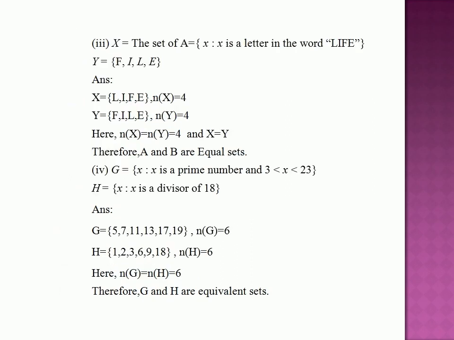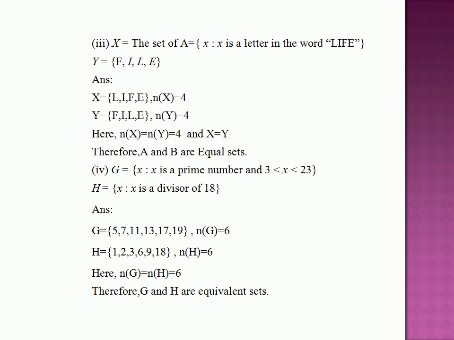Third subdivision, X equal to the set of letters in the word life. Y equal to F, I, L, E. And answer, X is equal to, what are the elements? L, I, F, E. The number of elements in X is 4. Now Y is equal to F, I, L, E. The number of elements in Y is 4. Just see these two sets. In the first set L is there and in the second set also L is there.